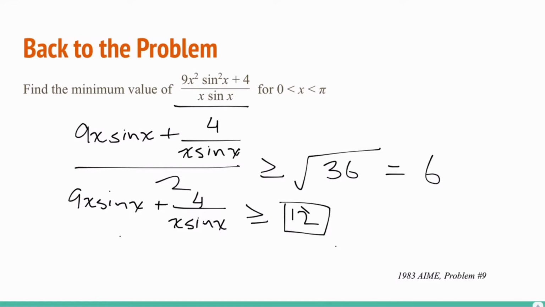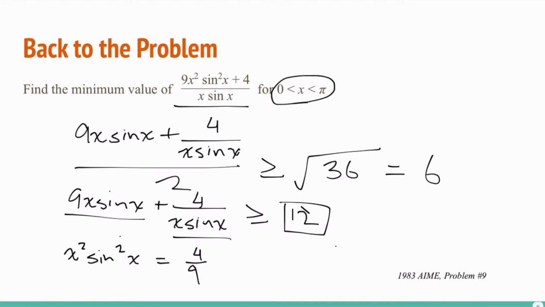And we see that such a value can exist from a continuity argument. These two values have to be equal. So once we set them equal, we get x² sin²x has to equal 4/9. And for all the values of 0 < x ≤ π, x sin x has to be positive.